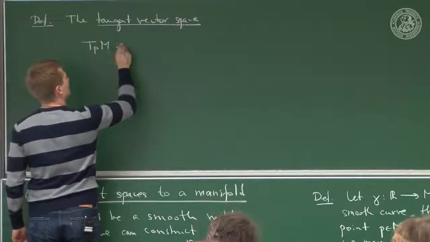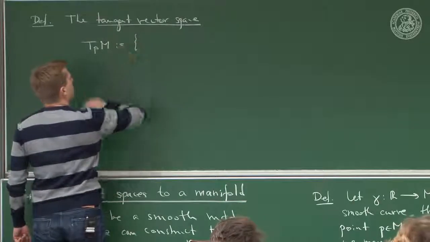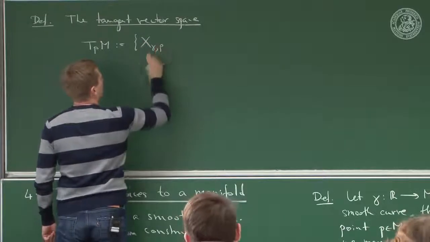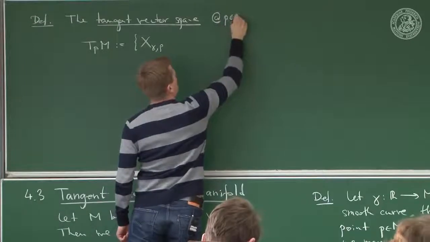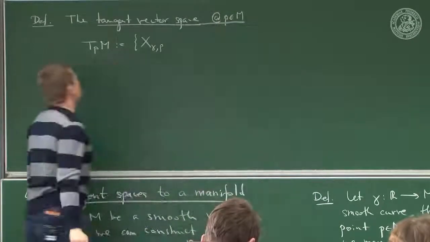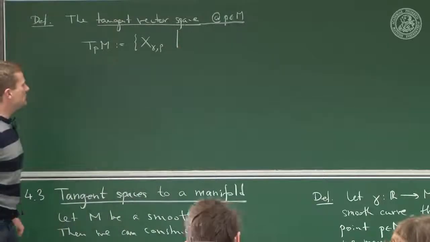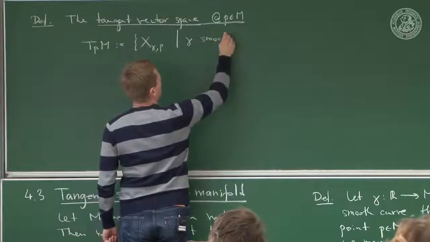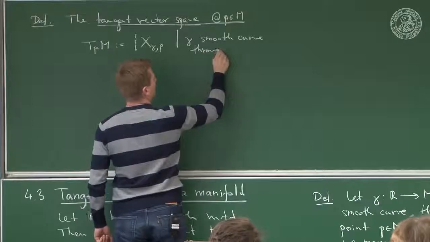This is the set underlying the tangent vector space. This is the set of all the x gamma comma p, for some p in M, so at a particular point, the set of all tangent vectors where gamma is a smooth curve through the point p.